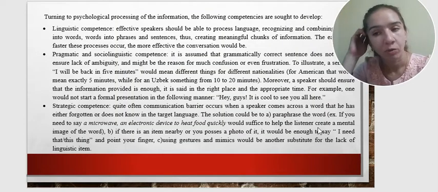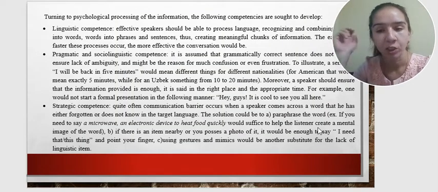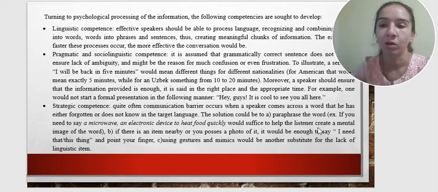So these were some linguistic features which students should master before being effective speakers. And now there are psychological factors, the ways of processing information that also influence effectiveness of communication. So the first is linguistic competence.